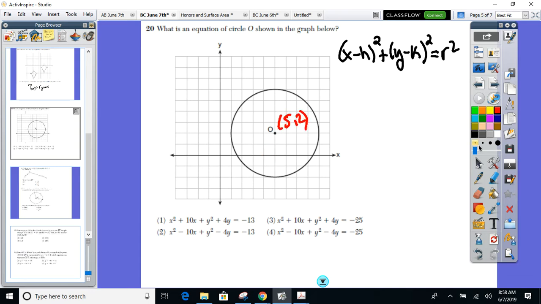So what's in the first part here? x minus 5, all squared, plus y minus 2. You just change the signs. Equals, can you find the radius length?